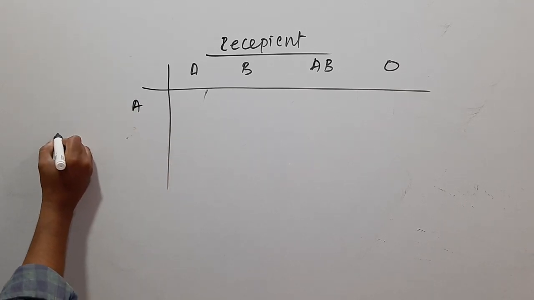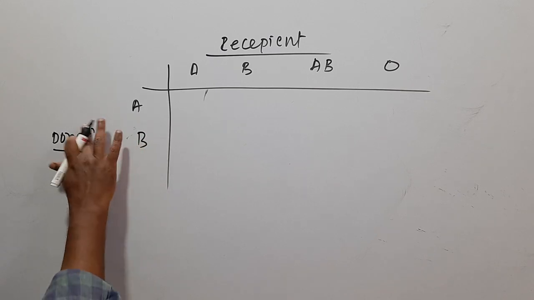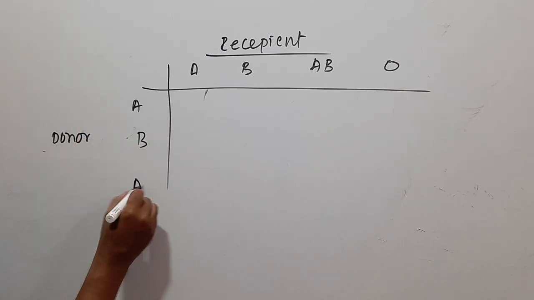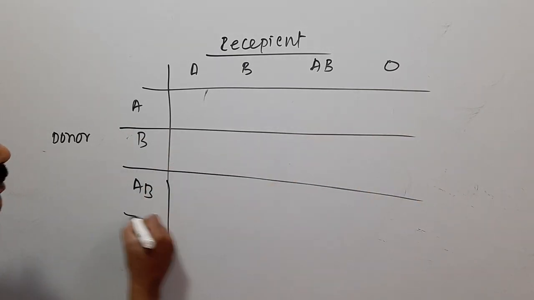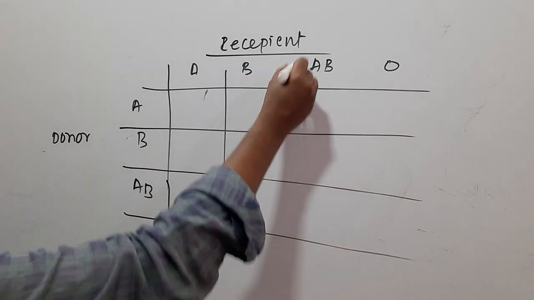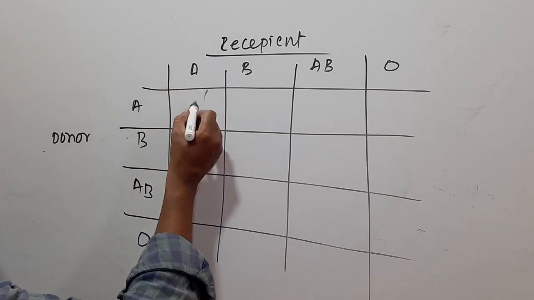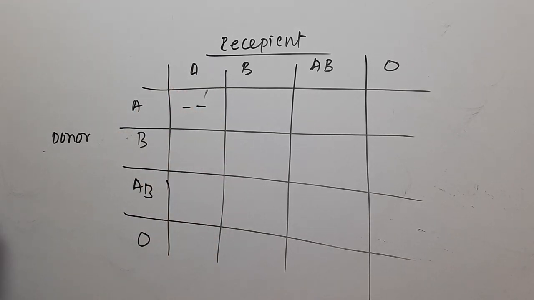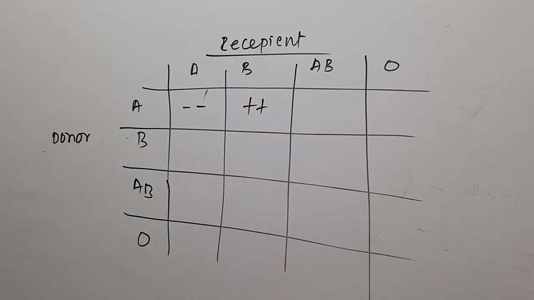Then the donors: blood groups A, B, AB and O. A to A, the person can donate, so no agglutination in this case. If the person is giving A to B, there will be heavy agglutination.